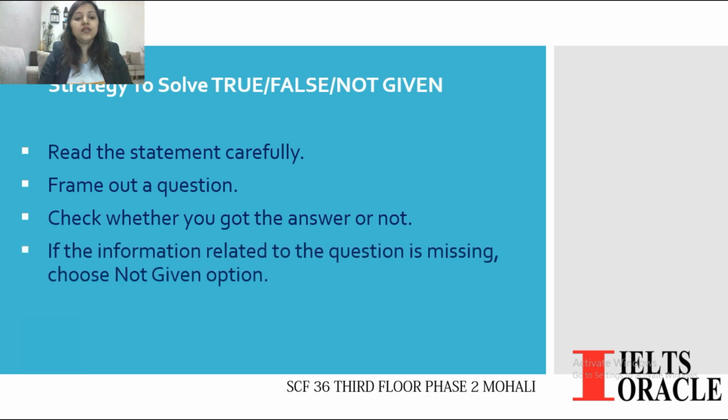So if the information related to the question is missing and you're not able to answer the question, remember, you are not allowed to use your personal knowledge here. You will just be focusing on the information which is given in the passage only. Restrict your mind to the information which is given in the passage only.